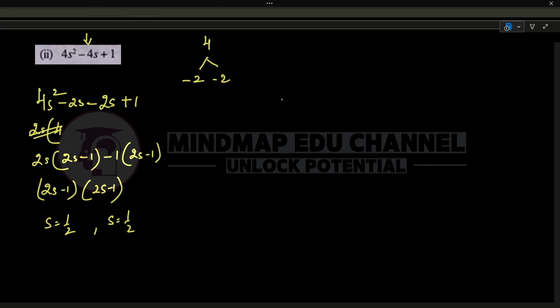Now let's verify the relation between the zeros and the coefficients. For that, let's write the values of a, b and c. The value of a here is 4, the value of b is minus 4 and the value of c is 1. The sum of the roots alpha plus beta is equal to minus b over a.